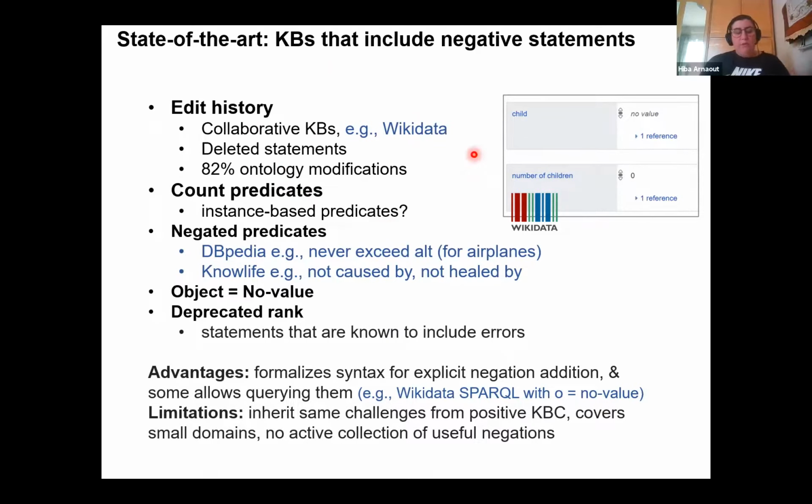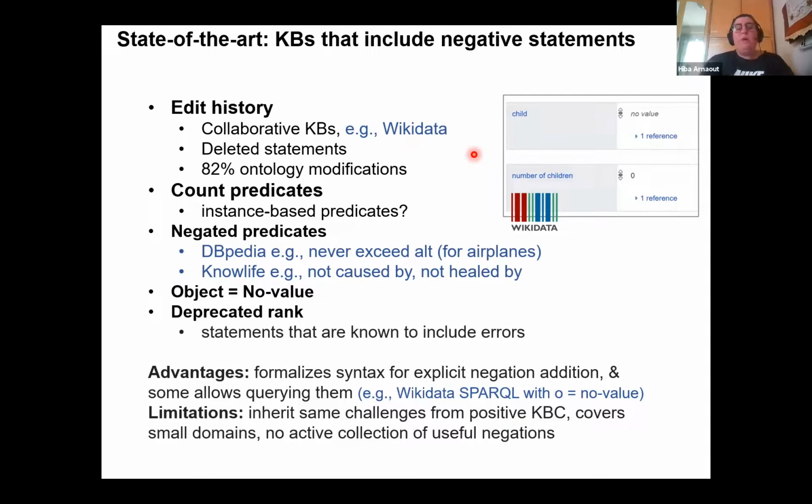In collaborative knowledge bases, you have edits and revisions that are happening every minute, and you have statements that are being deleted, and these deleted statements can be considered a source of negative statements. So if I have a statement in the 2017 Wikidata and then I don't have it anymore in 2018, I can compare and say this is possibly an interesting negation.